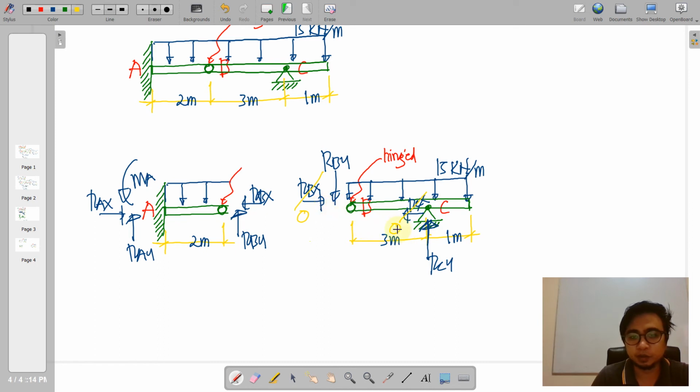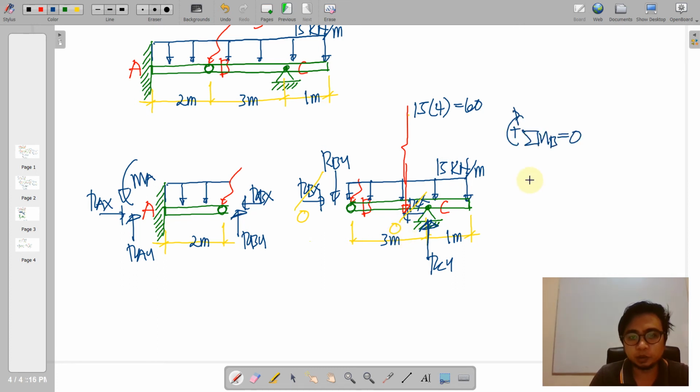Therefore, these horizontal reactions will just be equal to 0. Okay? And then we want to resolve the distributed load here. So note that the base is 3 plus 1, that is 4, times the height of 15. So that is actually equal to 60.